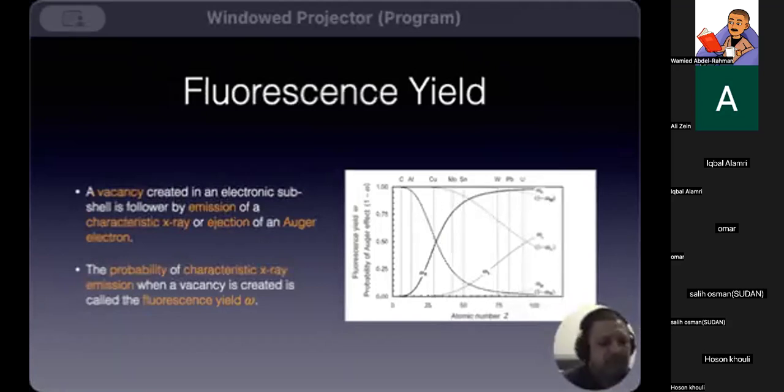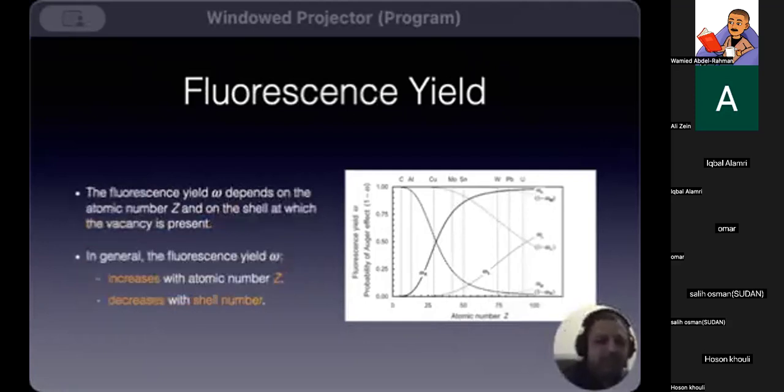Usually we use the probability of emission of a characteristic X-ray, and we call that the fluorescence yield. Imagine we have a vacancy created. What's the probability of emission of a characteristic X-ray? That is the fluorescence yield of an atom.